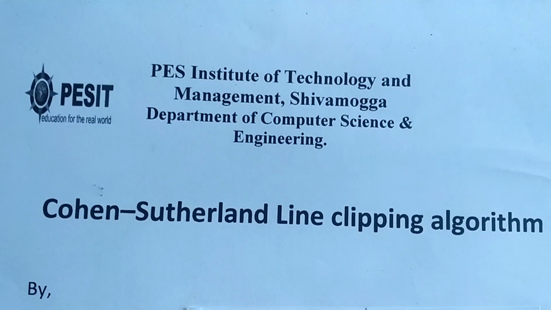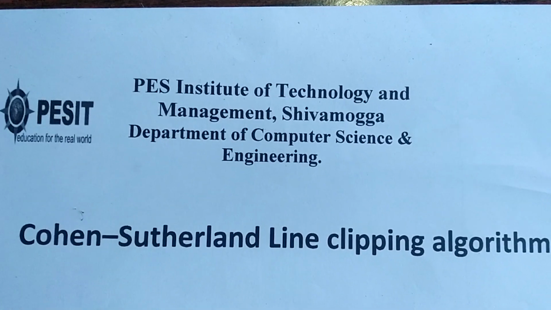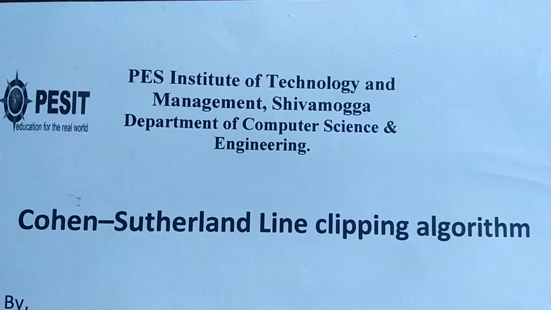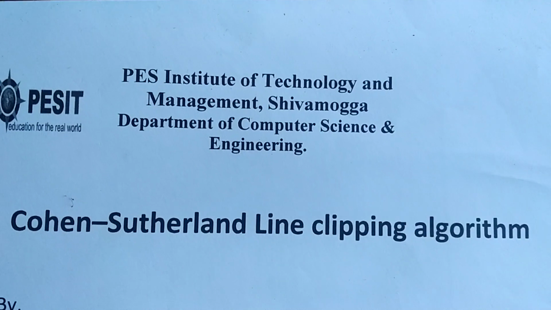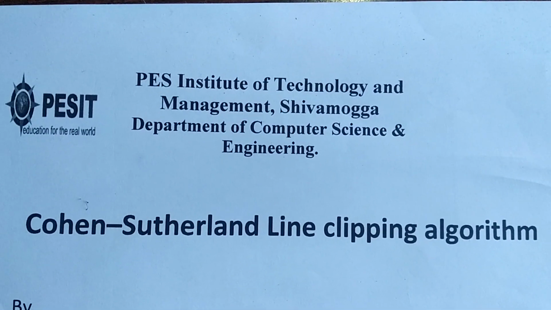Hello everyone. In our previous video, we discussed the basics of the Cohen-Sutherland line clipping algorithm. In this video, we will discuss an example of the Cohen-Sutherland line clipping algorithm.